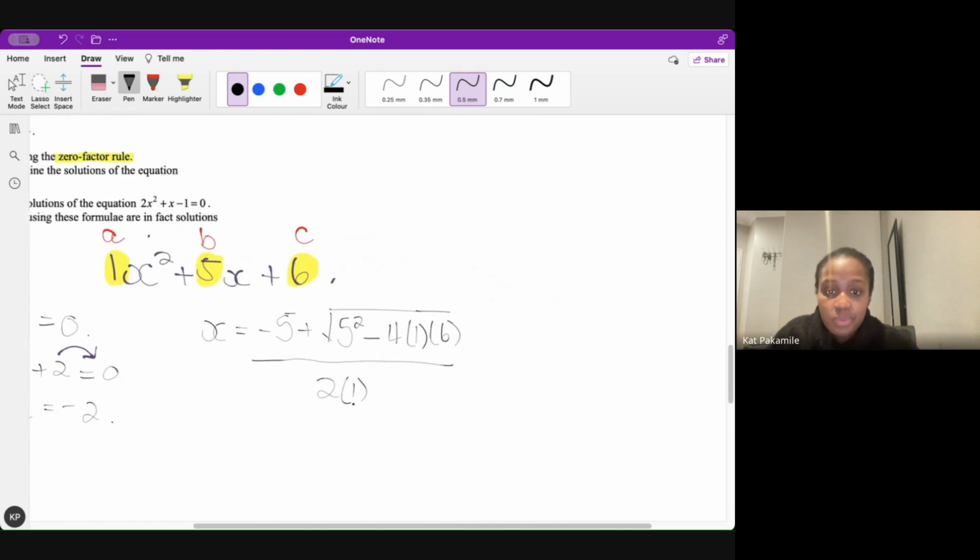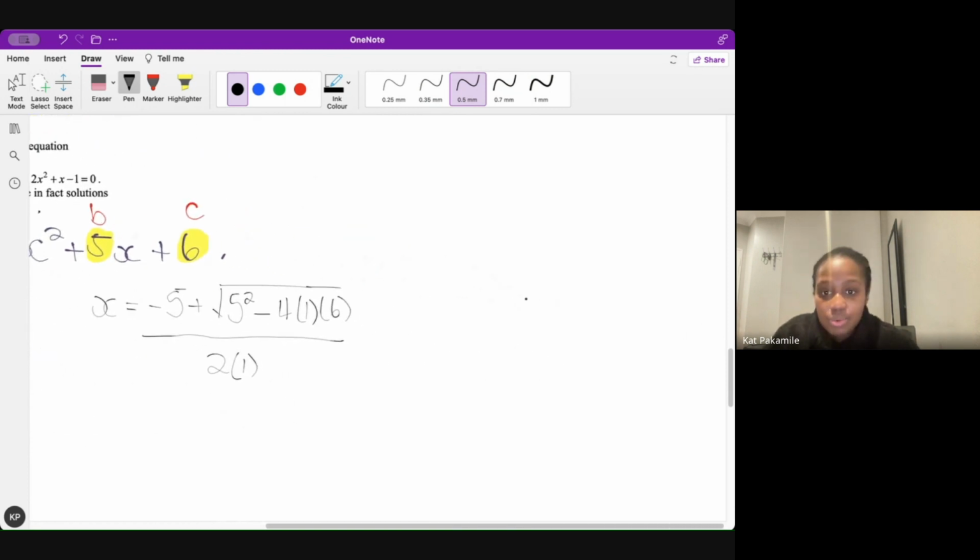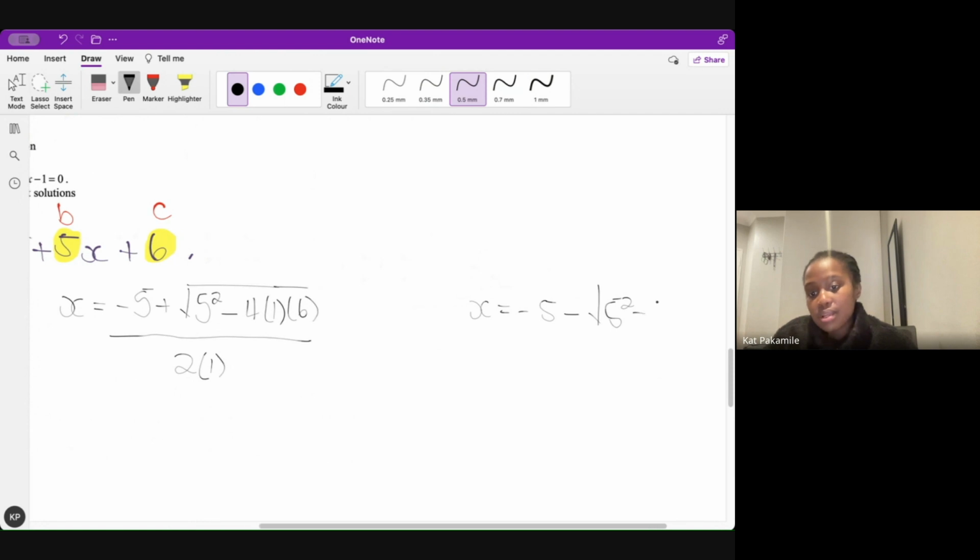Okay. And my second one will obviously be x is equal to negative 5, this time minus the square root of 5 squared, minus 4AC, all divided by 2A. Great, let's start with this one. Equals negative 5.